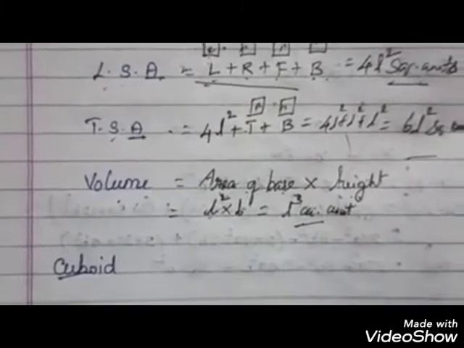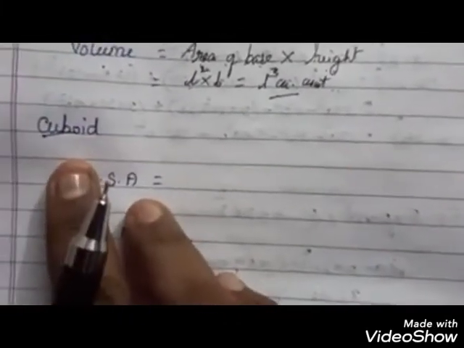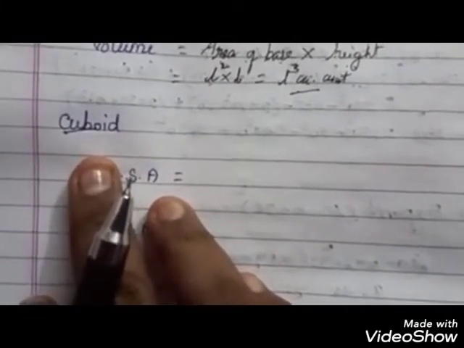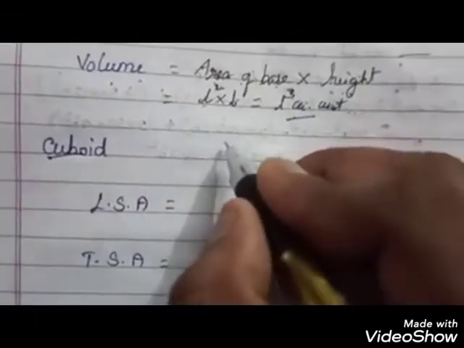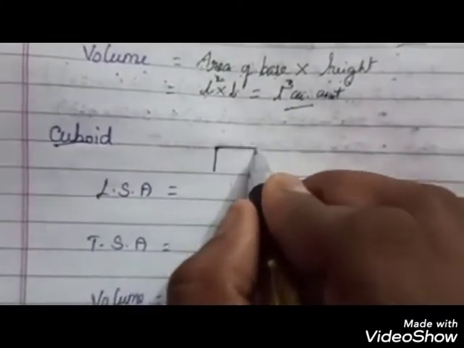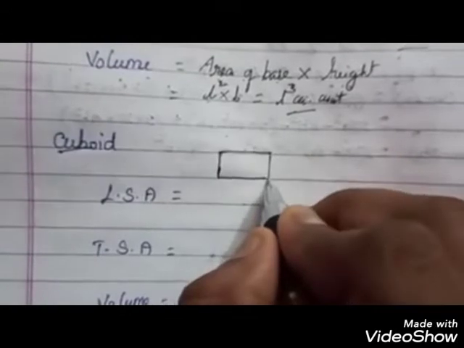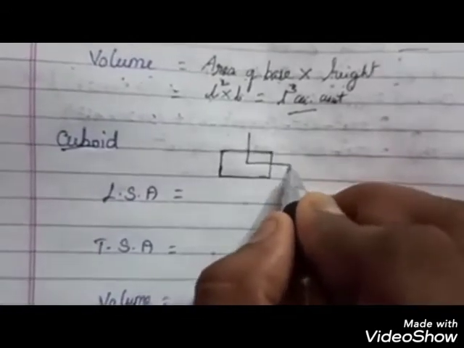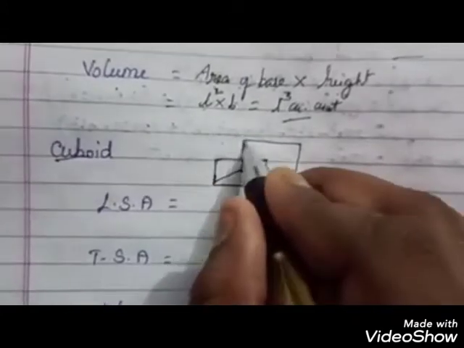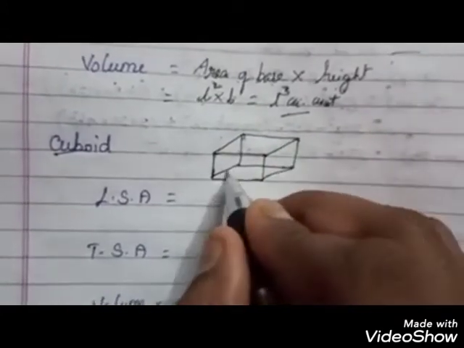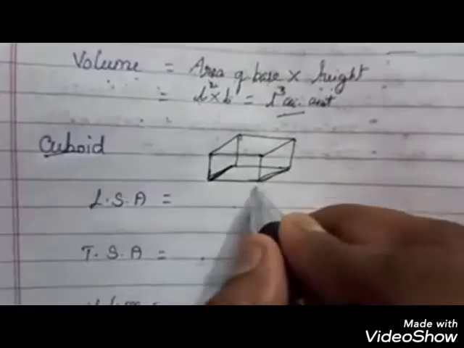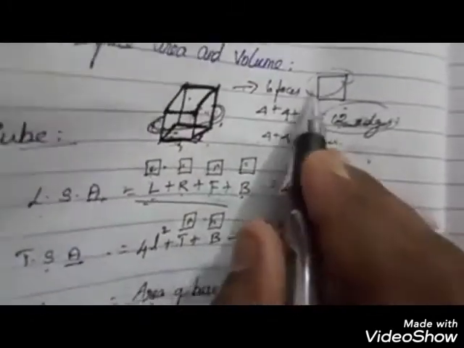In the same way, next we move on to cuboid. So cuboid, you know that this is the 3-dimensional shape of a rectangle. If you take 2 rectangles and join like this, you get a cuboid. In this cuboid also we have the same format.